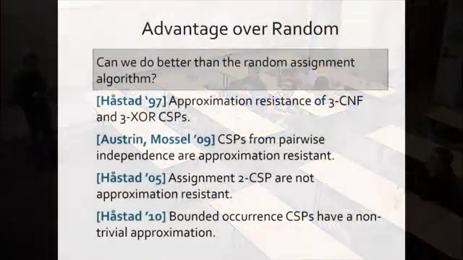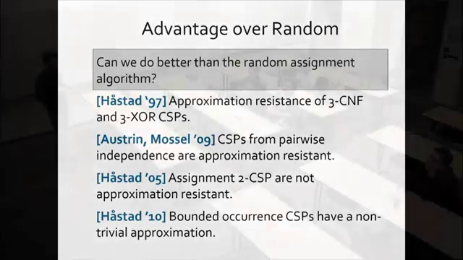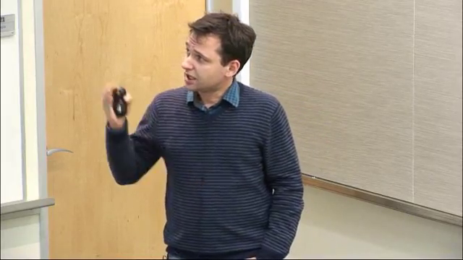And in general, this problem for different types of constraint satisfaction problems has been studied a lot. So the basic question is to get some advantage over a trivial random algorithm, get advantage over random.